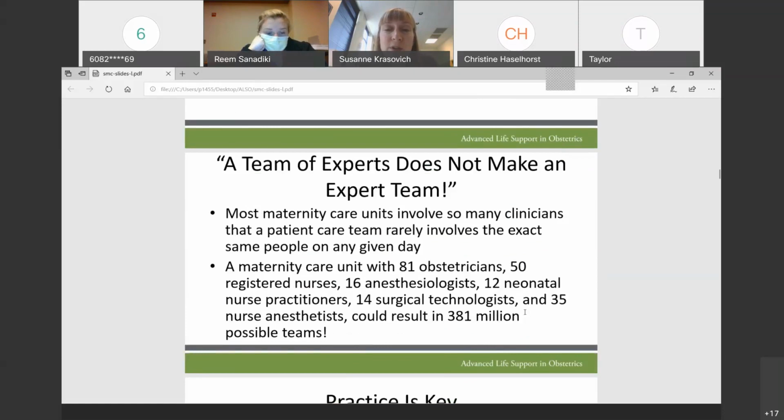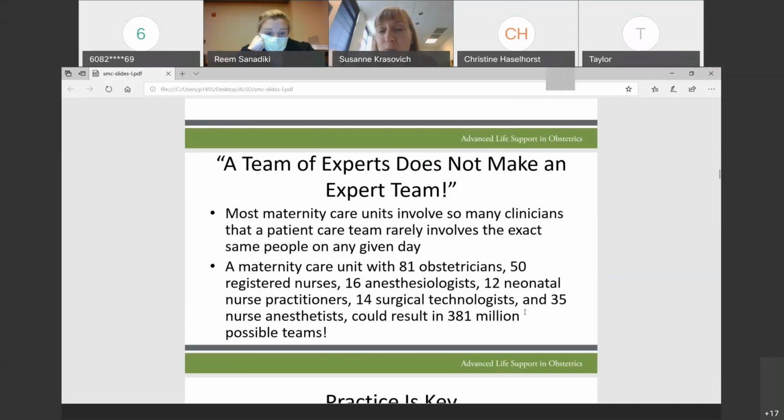Most maternity care units involve so many clinicians, and it's not necessarily all the same people on any given day. So you can see the example here. This would be a large unit, and you might think about how this relates to your own unit.